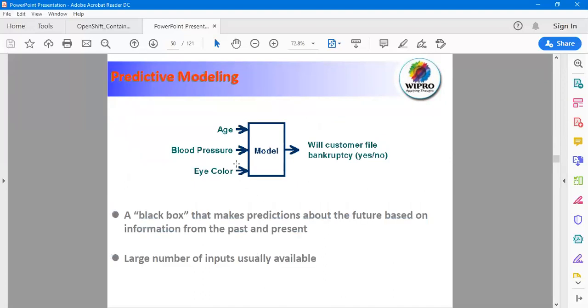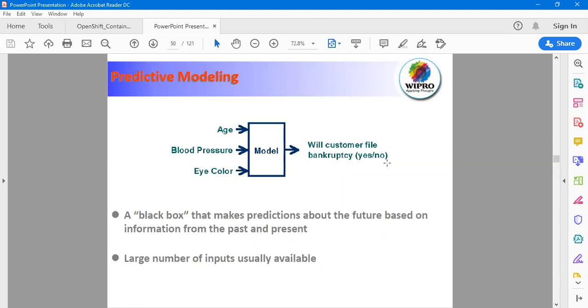So for predictive modeling, age is input, blood pressure is input, eye color is input into the model, as an example. And what you will identify is: will the customer file for bankruptcy, yes or no. It is something like a lie detector. In a lie detector, how do people predict?